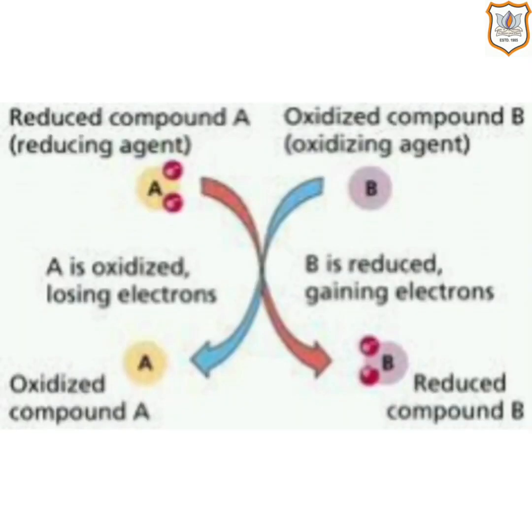To understand oxidation and reduction, you should know what the oxidized and reduced compounds are. Here, when a compound gains oxygen and loses hydrogen during the chemical reaction, it is said to be an oxidized compound. And when the compound loses oxygen and gains hydrogen during the chemical reaction, it is said to be a reduced compound. Here, A is an oxidized compound by losing electrons and B is a reduced compound by gaining electrons.